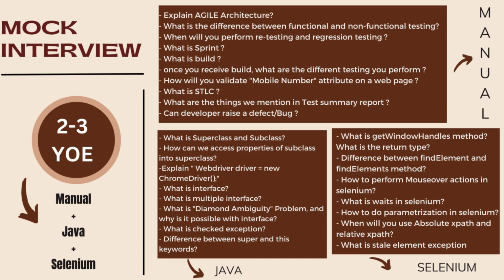How do we perform mouse actions? Using the Actions class, first we have to create an object of the Actions class, and after that using the reference variable we can call methods. Can you tell me the code?